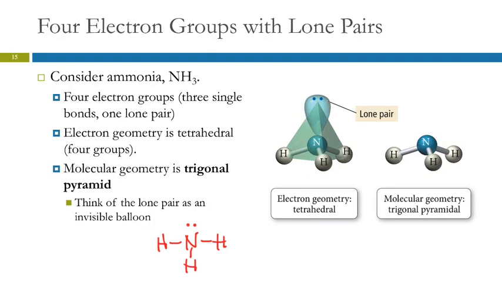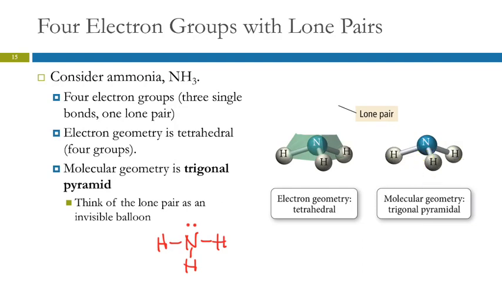So if this is invisible, what are we left with? We're left with this shape, right? Well, this is a triangular pyramid. It's got a triangle at the bottom, and it rises up to a point.